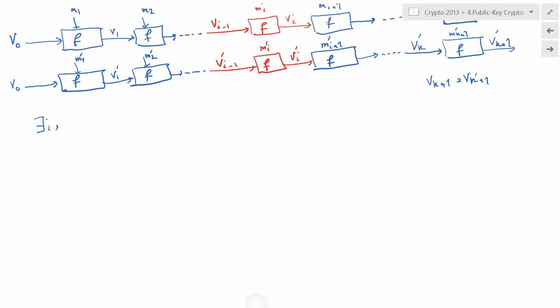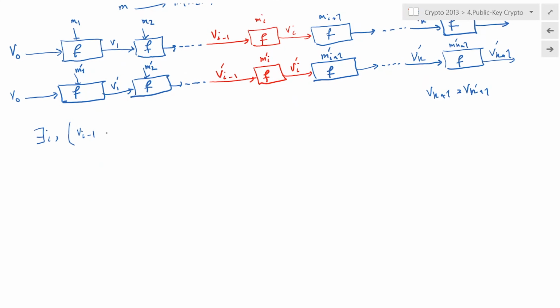So we have these two conditions: v_{i-1}, the previous block, is not the same as v'_{i-1}, or this m_i is not the same as m'_i. But the results after that, v_i and v'_i, should equal each other. And that is the place where we find the collision.